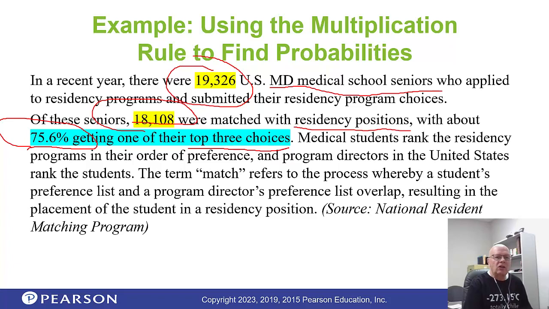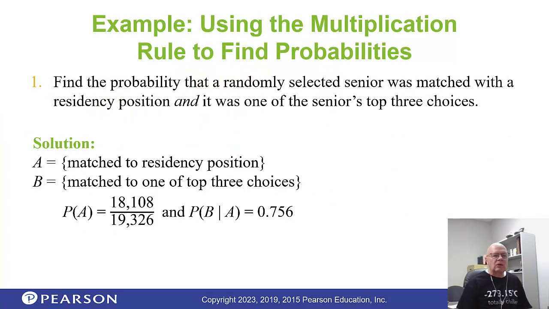You had 19,326 seniors and you had 18,108 matched with residency positions. When they get the residency positions, 75.6% get one of their top 3 choices. So what do we have? Matched to residency position. We already figured that out or had the numbers.